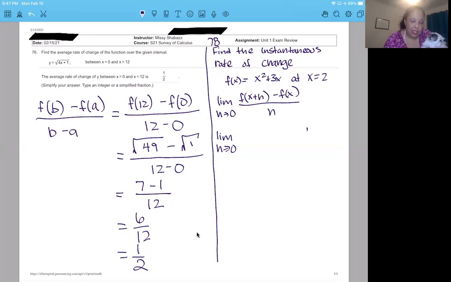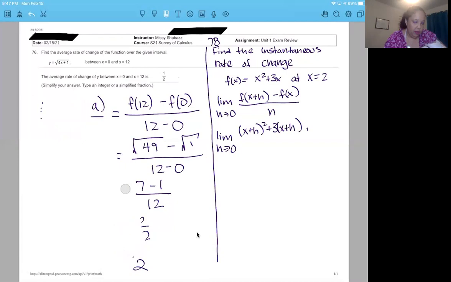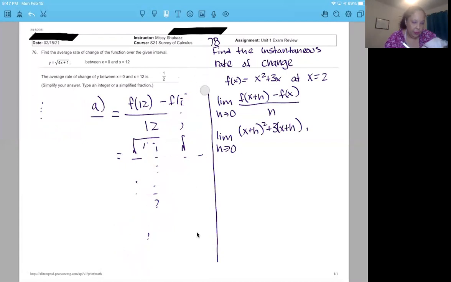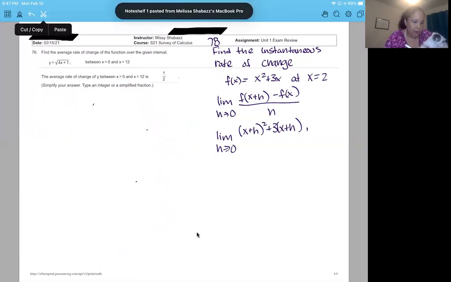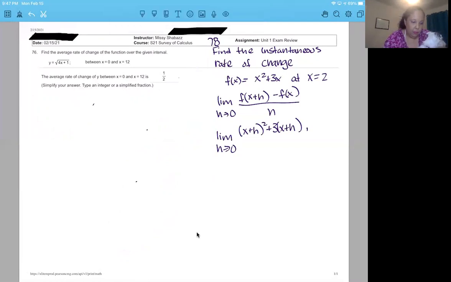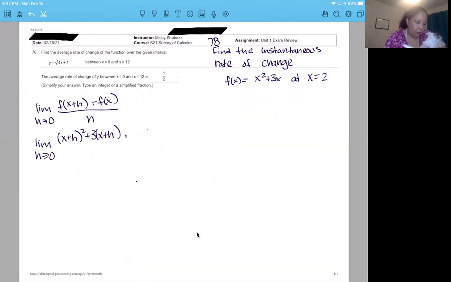So f of x plus h is going to be x plus h squared plus 3 times x plus h. Minus f of x.